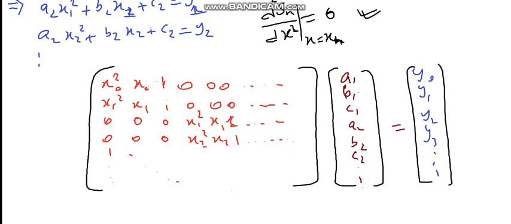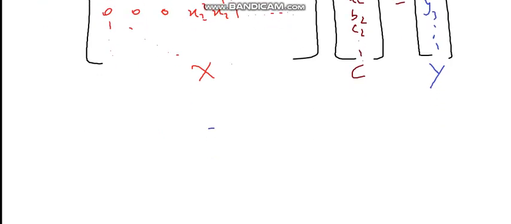We will have first our x matrix, so that is this one. Then we have the coefficient matrix, let's say it is C, and then we'll have our y matrix like this. Now what we have to do is solve this to get this coefficient matrix. This one we have to find out.